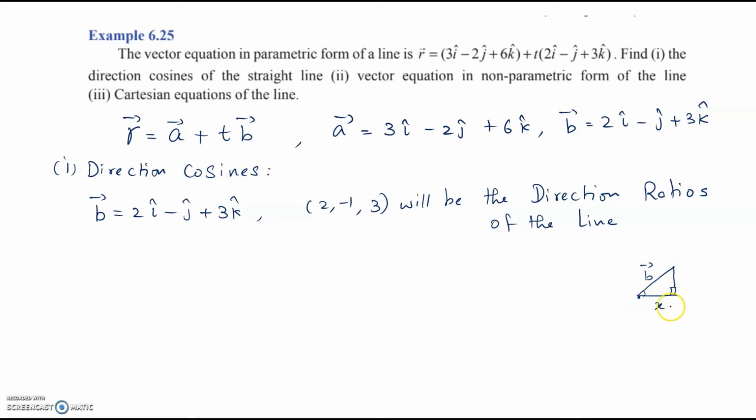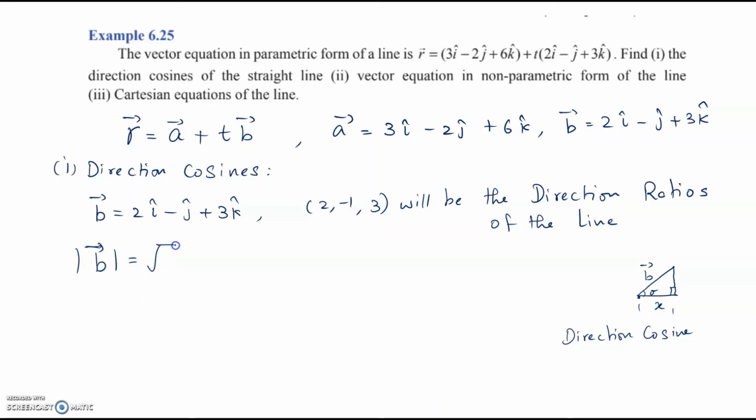The ratio, which is the direction cosine, if this is angle theta, would be this length here, the adjacent side over the hypotenuse. So we need to find the magnitude of b.